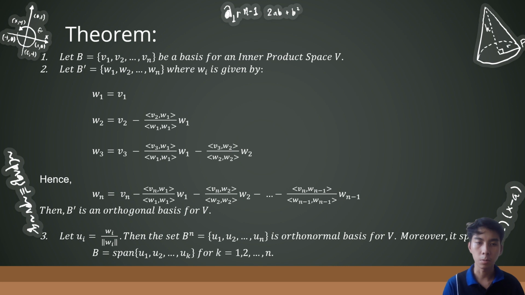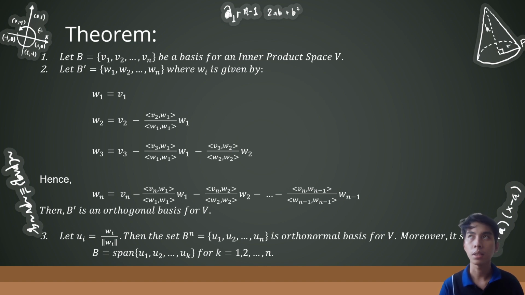The usage of this one is to transform your b into b prime, and then transform your b prime into new vectors by using the unit vector, finding our b raised to n, which is the set of vectors u sub 1, u sub 2, up to u sub n.